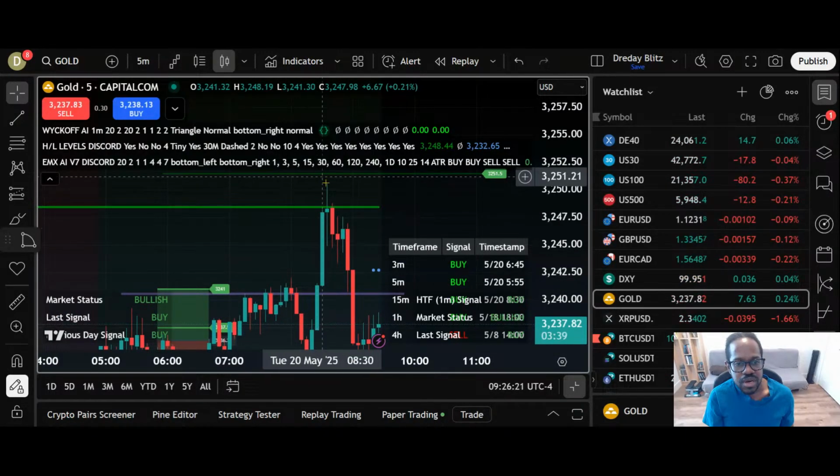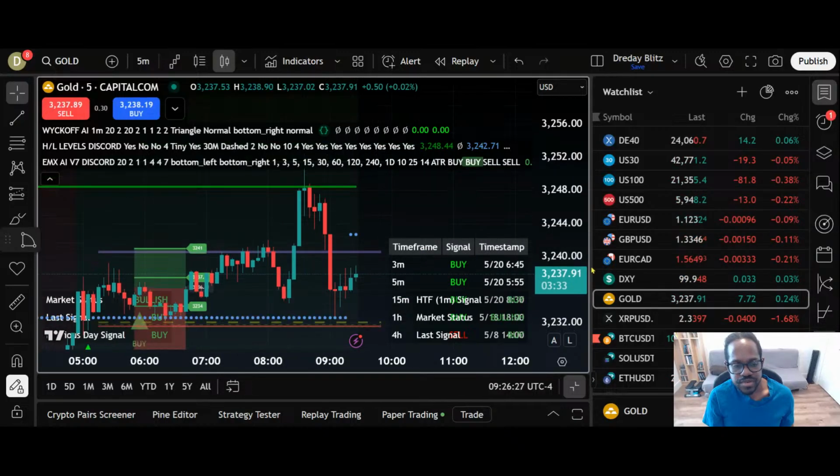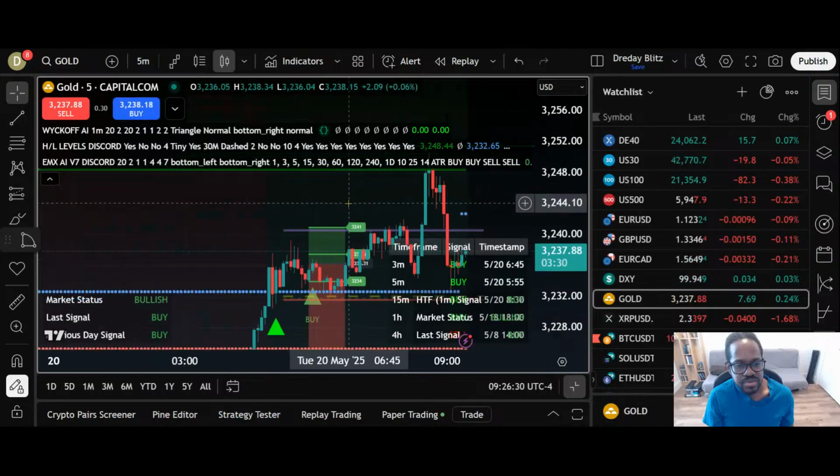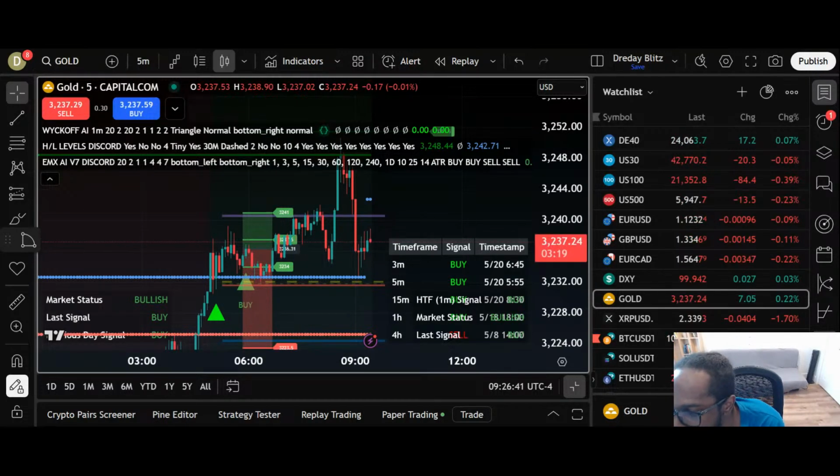So it went up, closed on that level, and started to reverse. Especially if you have a 100K account, one lot on gold is more than enough. Should be good. That's great.